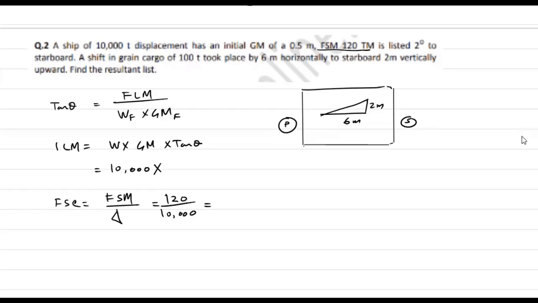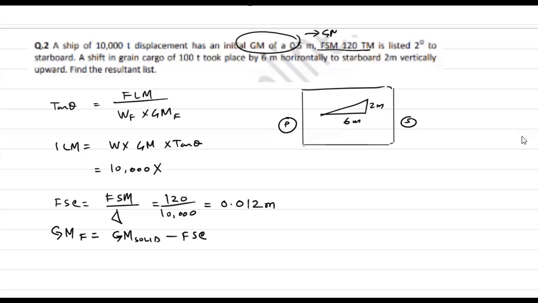The free surface correction will be 0.012. So GM fluid is GM solid minus FSC. So this actually is GM solid.